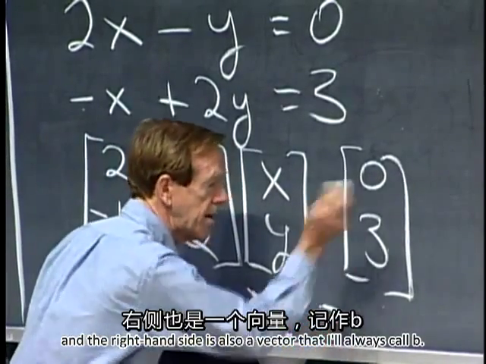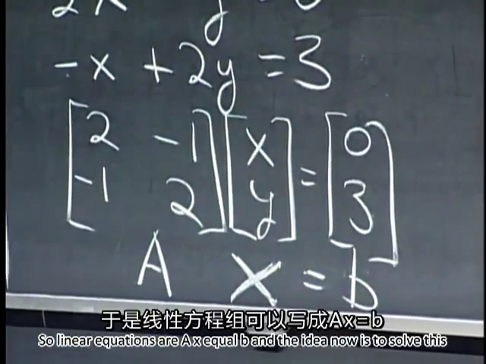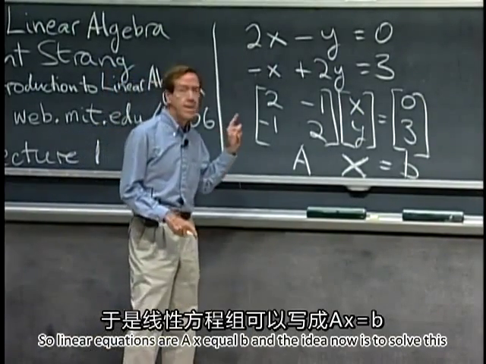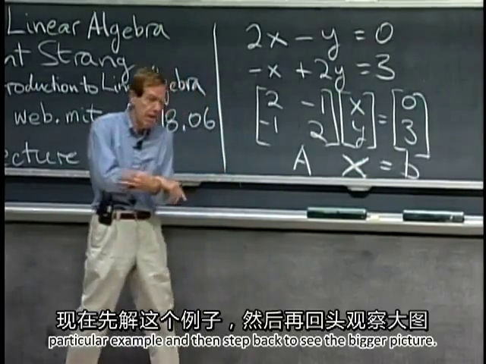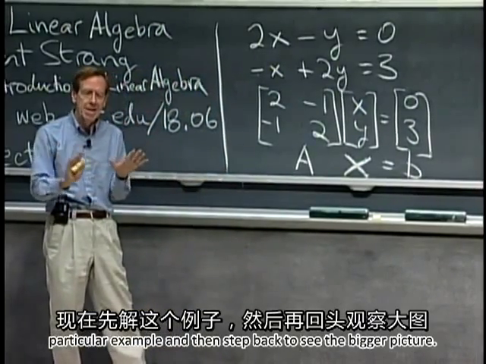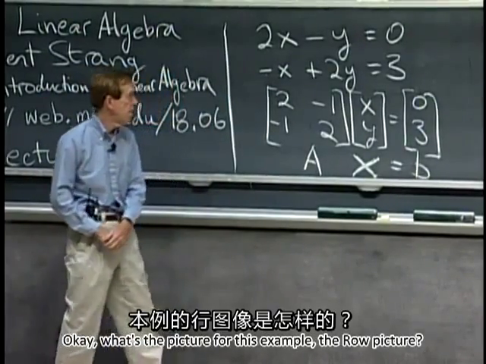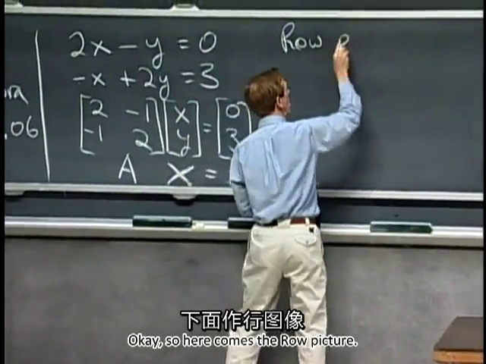And the right-hand side is also a vector that I'll always call b. So linear equations are Ax equal b, and the idea now is to solve this particular example and then step back to see the bigger picture. Okay, what's the picture for this example? The row picture. Okay, so here comes the row picture.